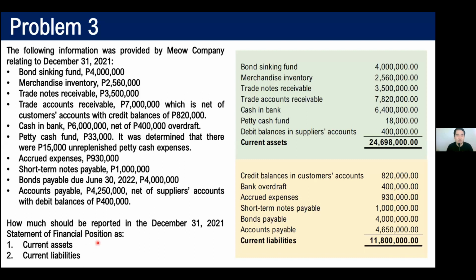Paano kasi kung bigyan ko kayo ng sangkatutak na ganito sa exam? Tapos, ang tanong lang pala, how much would be reported as accrued expenses in the current asset section of the balance sheet? Nagsayang ka pa ng oras basahin. Ito lang siya, yung 930,000. Okay?